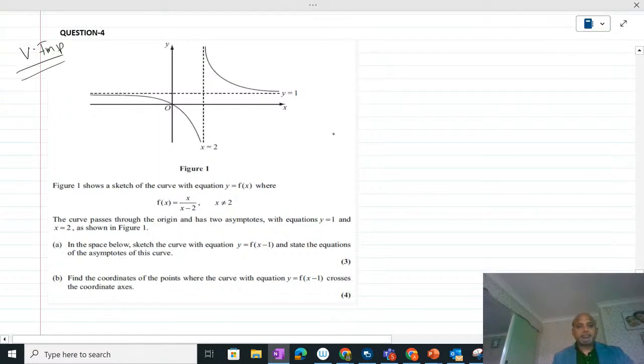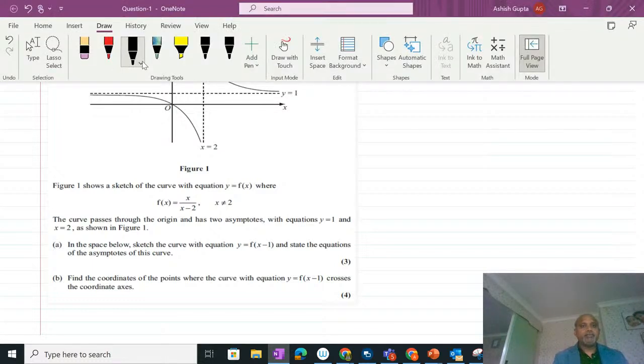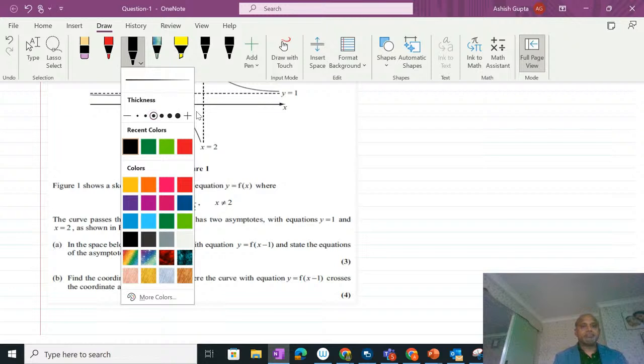Good if you are trying it. So here f(x) is given as x over x minus 2, right?